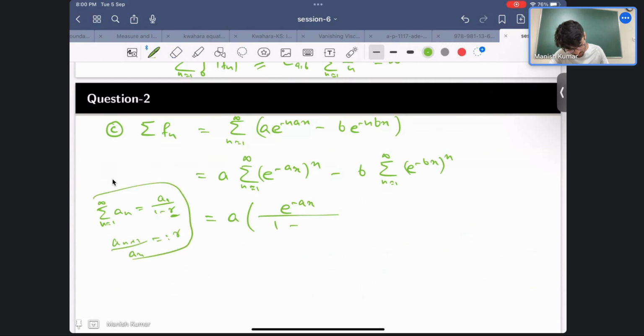Using that I can write this as: here the geometric ratio is e to the minus ax, and the first term is e to the minus ax. In a similar way you have this again, e to the minus bx upon 1 minus e to the minus bx.